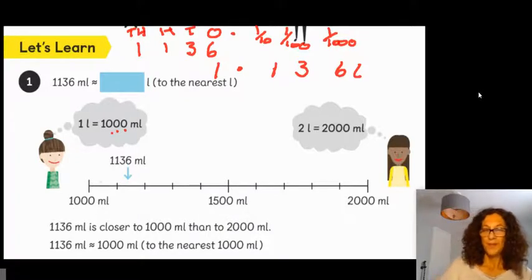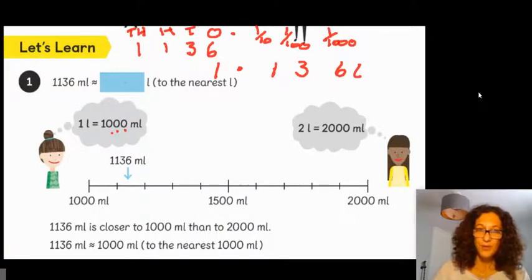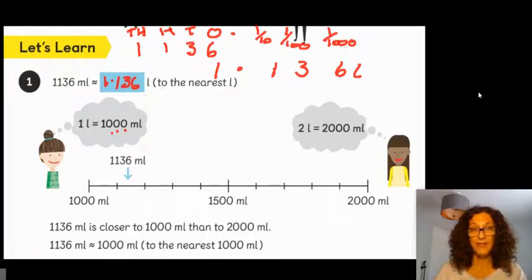So it's going to be 1 litre, but 1.136 is accurate. But to the nearest litre, actually, let's cross that out. It's going to be closest to 1 litre, okay?